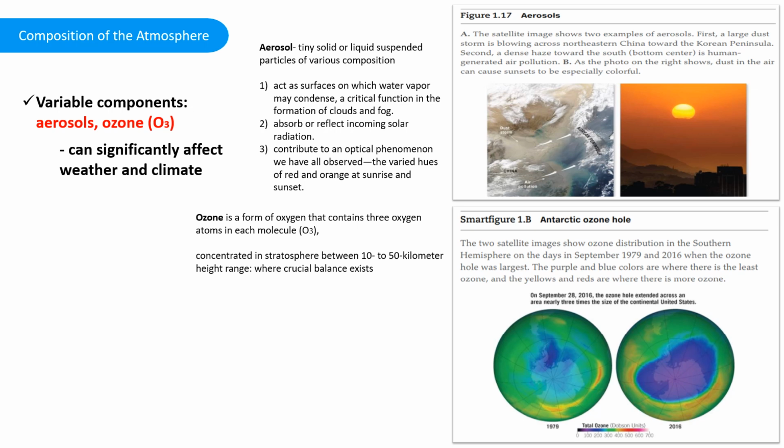Ozone accounts for just 3 out of every 10 million molecules. Its distribution is not uniform and is concentrated in the layer called the stratosphere, between 10 to 50 kilometers above the Earth's surface, where this crucial balance exists.